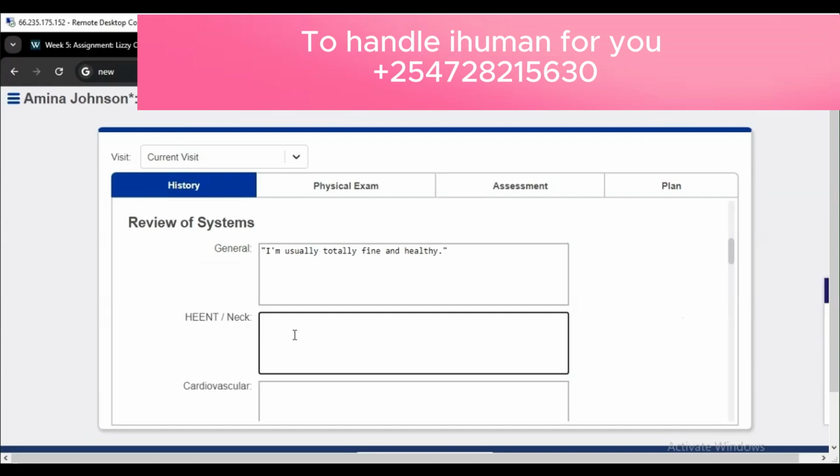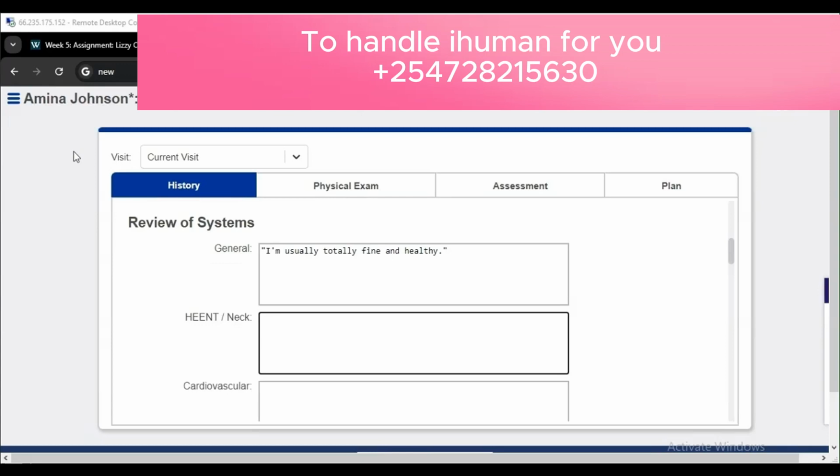So for the review of systems, just as the name suggests, it's questions related to different systems of the body. That means you start with the patient's overall health, and again, like I did in the first part, which was reason for encounter, I simply quoted the patient's response.